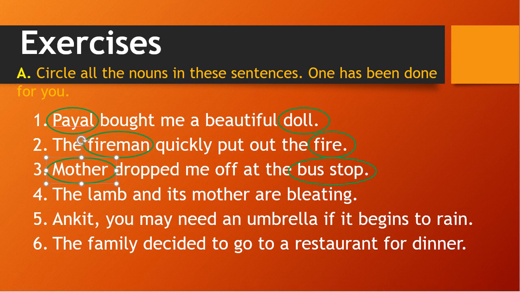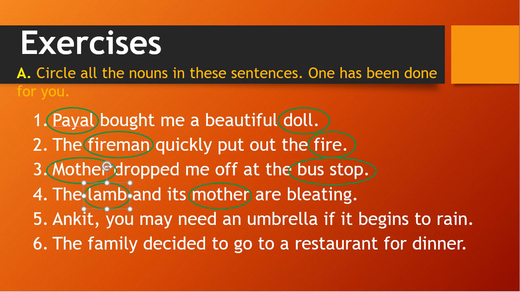And the next is, the lamb and its mother are bleating. Here the lamb is a noun, and mother is also a noun. In the previous sentence the word mother also came, so that is a noun.